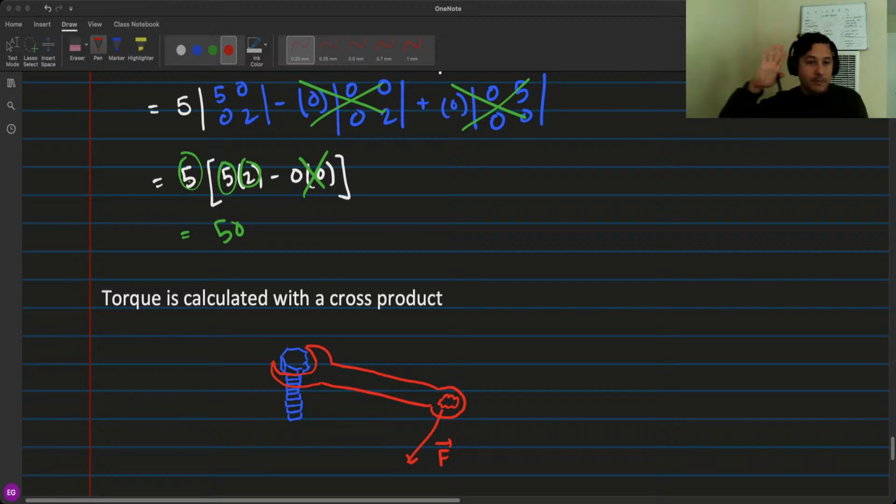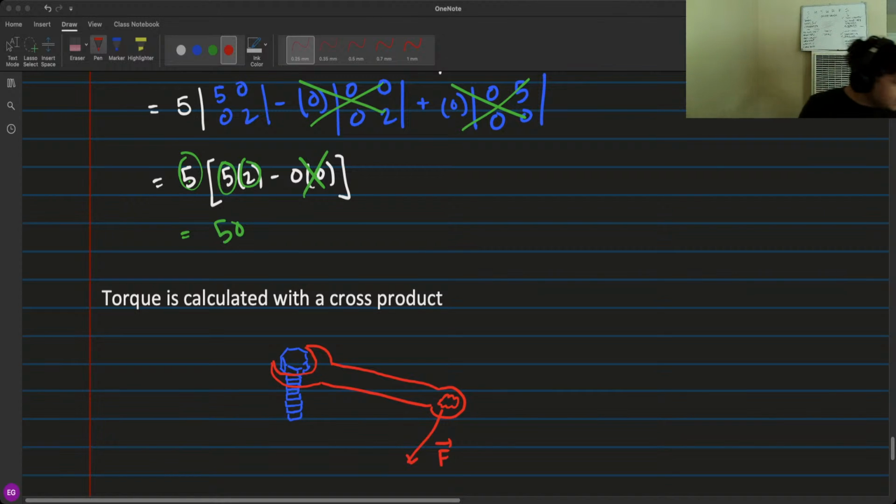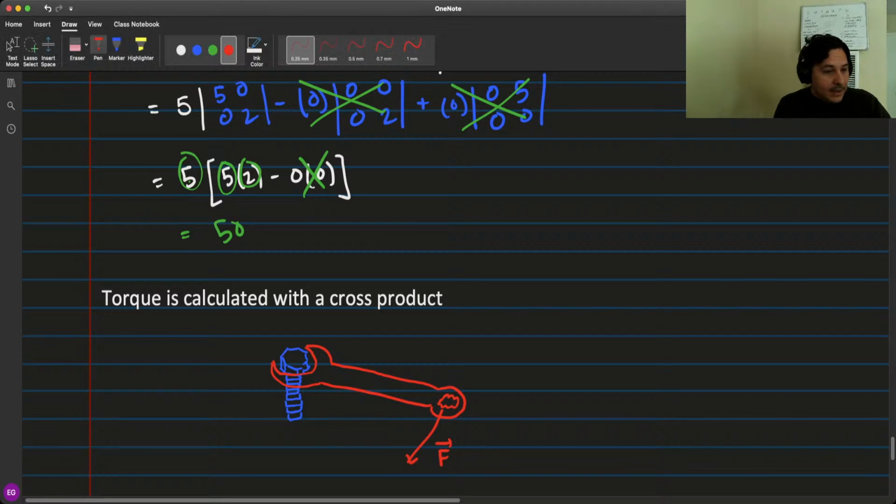Does that make sense? You apply this pressure at the end of the wrench. We'll call that our force vector. And there's another vector which you could think of that starts right here and goes out to here. That's our radius vector.